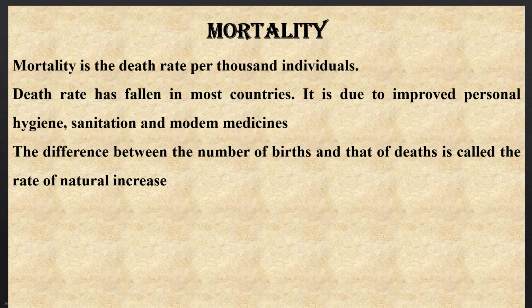Next, coming to mortality. Mortality is the death rate per thousand individuals. So, how many individuals are dying out of thousand individuals? So, this is mortality. Death rate has fallen in most countries. This is very obvious. Why?